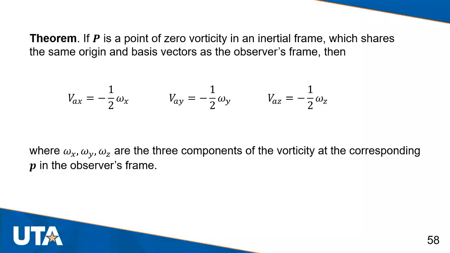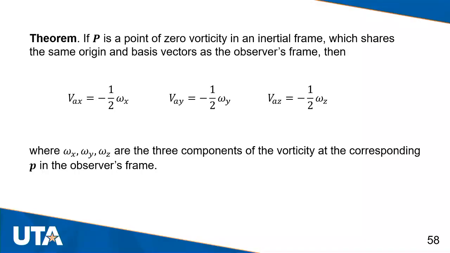These vorticities are measured in the observer's frame. So if we can find such a point, and we know its location in the observer's data, we just calculate the vorticity at that point, right?